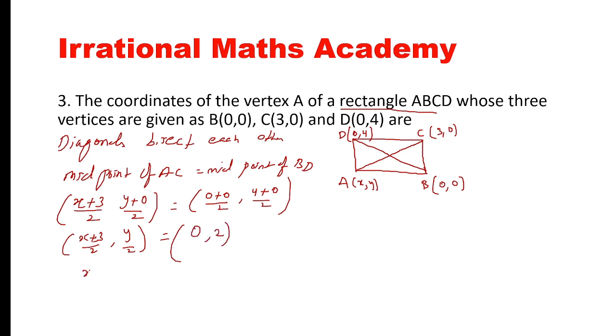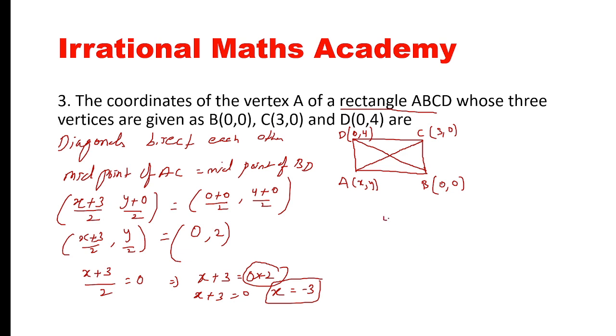Now if I equate it, x plus 3 by 2 equals 0, which implies x plus 3 equals 0 into 2, which is 0. So x plus 3 equals 0, x equals minus 3.